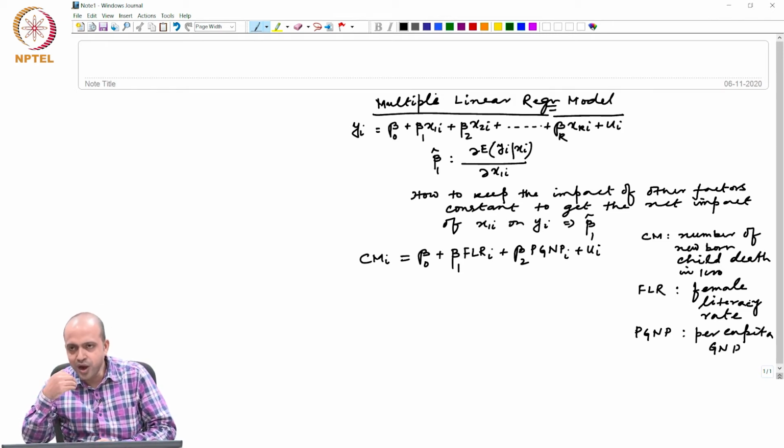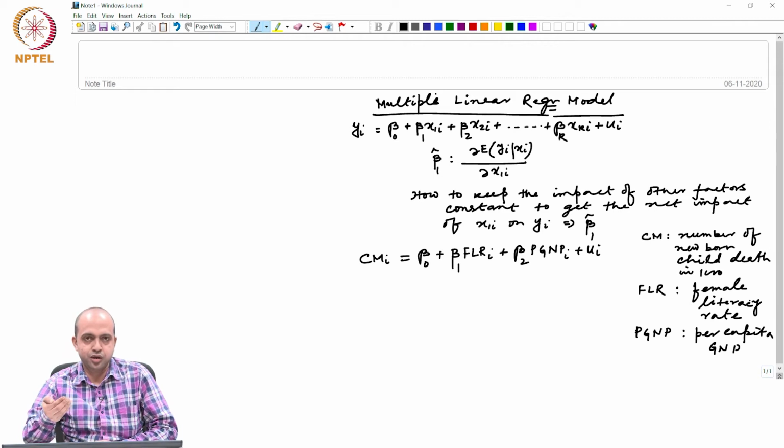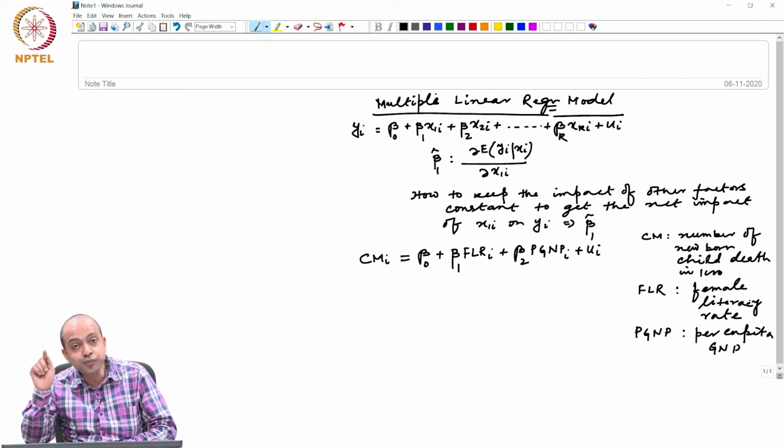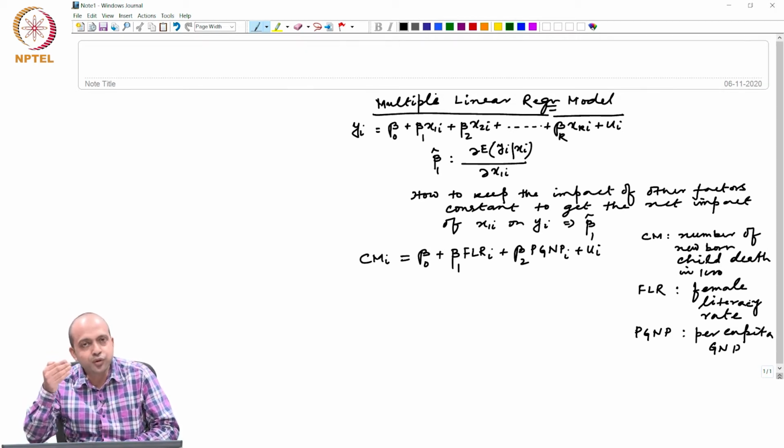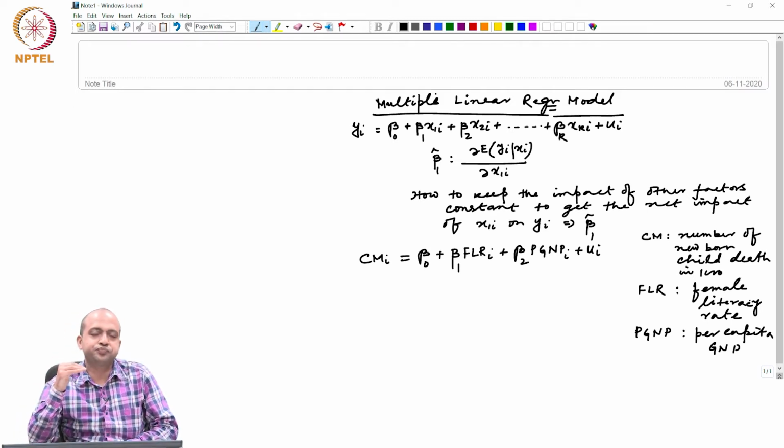So, how much care you take during pregnancy and after delivery will basically determine the mortality rate. If proper care is given, then the mortality rate will come down, and we believe that as mothers become more literate, they become more aware of these things, they take proper care of their child, and as a result the child mortality rate comes down.